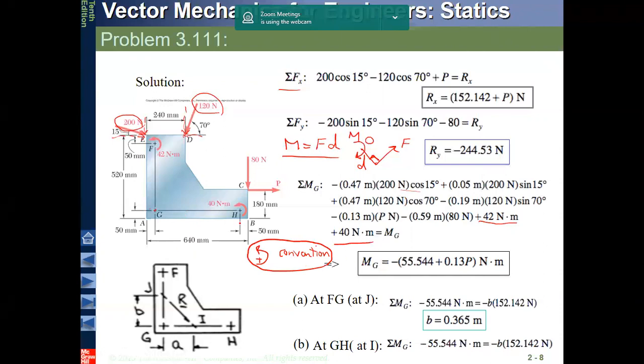So your question was why we picked this point G? Because at the end we want to put a rivet hole on line FG or GH.